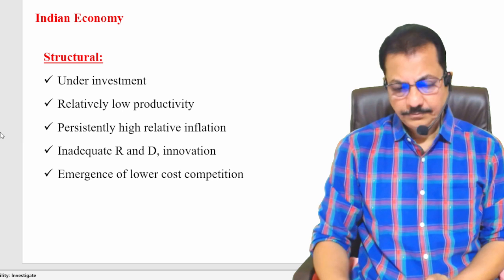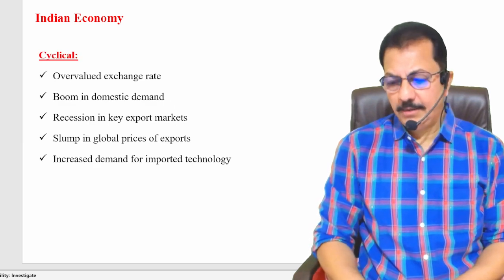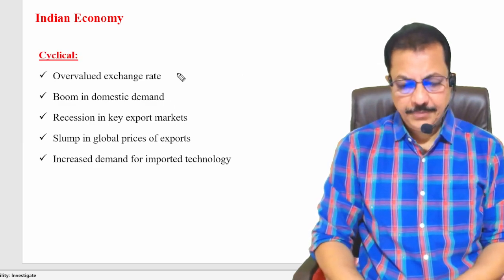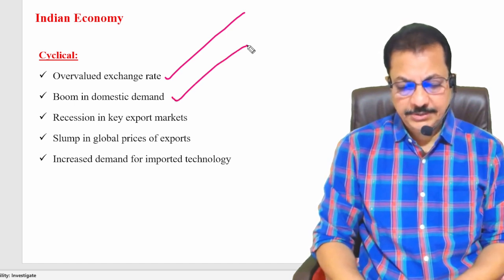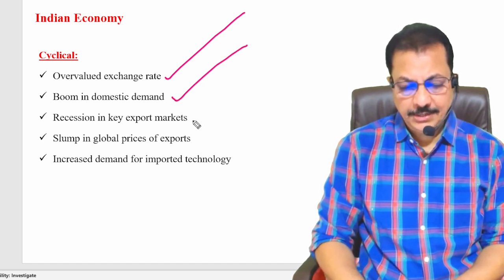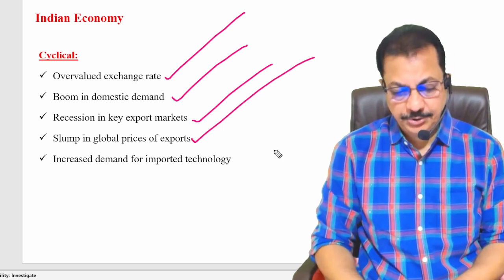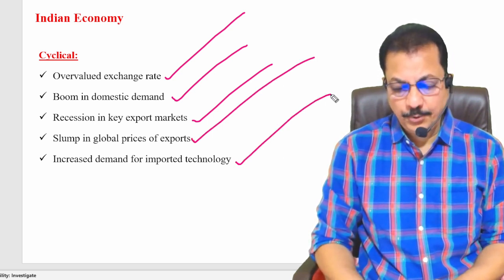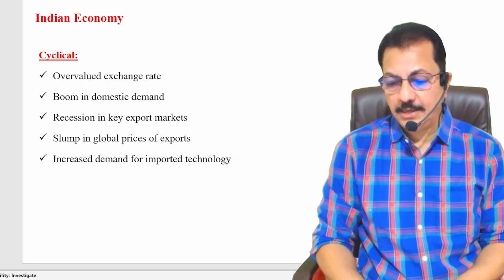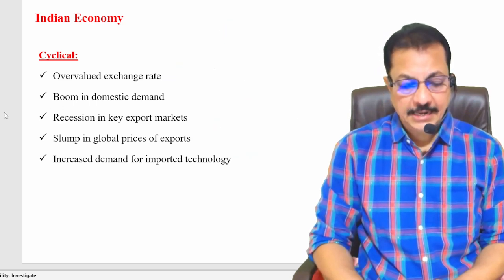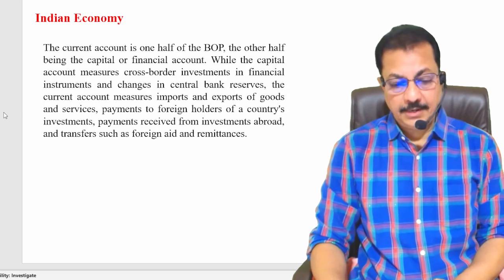Clear? Next. So when it comes to the cyclical: overvalued exchange rate, boom in domestic demand, recession in key export markets, slump in global prices of exports, increased demand for imported technology. Very, very important. These are all the things that will occur during the cyclical happenings. Clear?